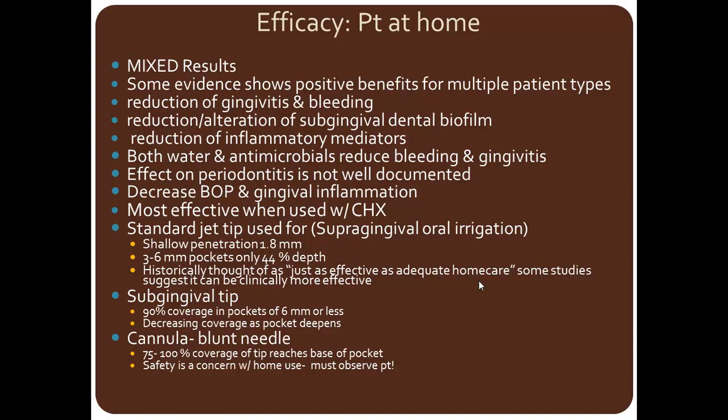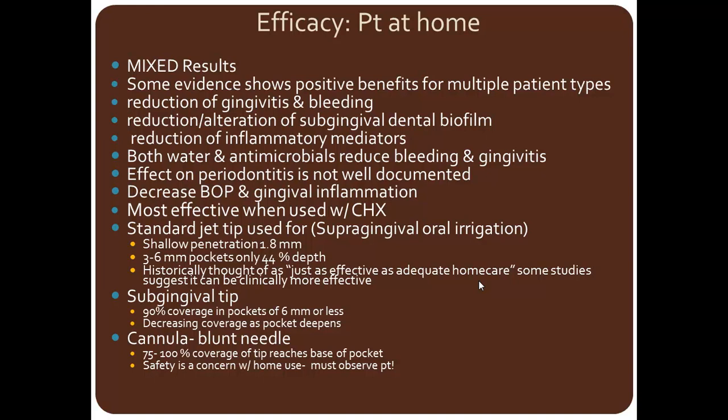So there's that standard tip for supragingival use only. There's a very shallow penetration of the sulcus, about 1.8 millimeters, whatever you're using supragingivally. And of 3 to 6 millimeter probe depths, only 44% of the depth is covered.